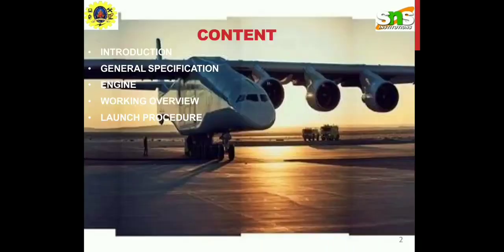So, these are the contents we will discuss in this video: the introduction, general specifications, engine, working overview, and launch procedure. Before we go into the topic, what is meant by turbo machinery? Turbo machinery, in mechanical engineering, describes a machine that transfers energy between a rotor and a fluid, including both turbines and compressors.